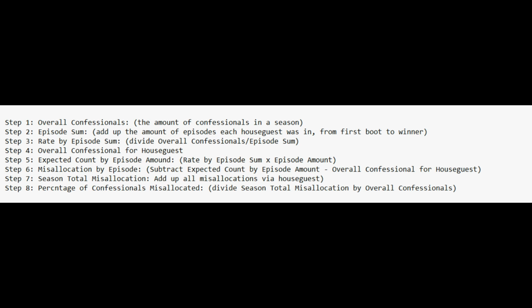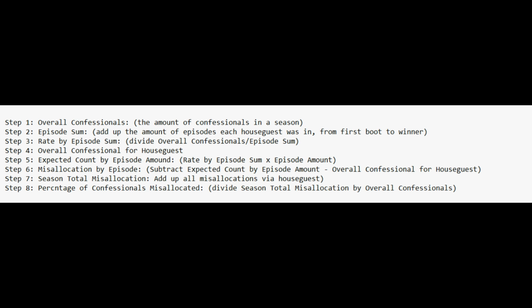So the next part of this is we're going to compare the overall, meaning the amount of diary rooms they actually got, and the expected diary room count that they should have had based on the episodes that they were in the season. We are going to subtract the expected count by episode amount from the overall diary room or confessional count, and this comes up with the final variable, which is the misallocation by episode.